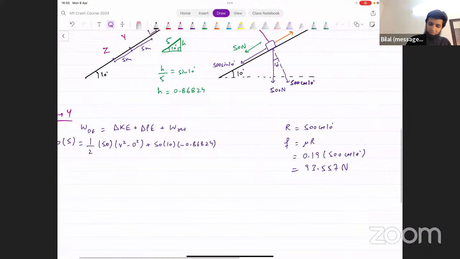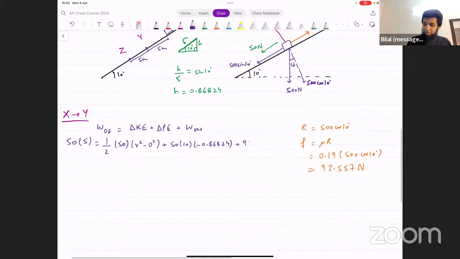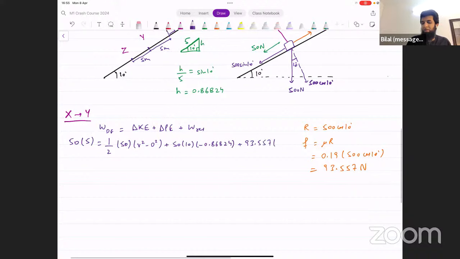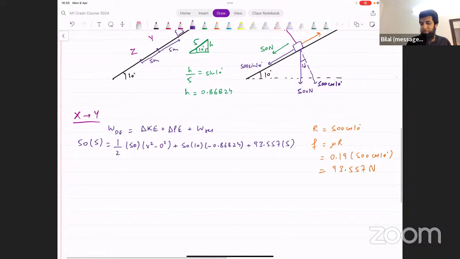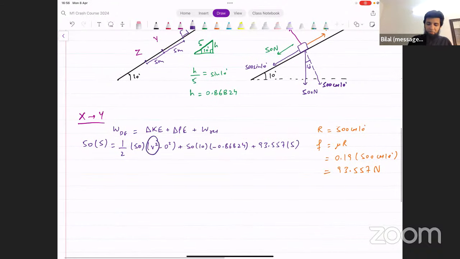What would that be? We've got the value of friction now, 93.557. Multiply that with displacement, that is 5. And that is going to give you the value of v here.